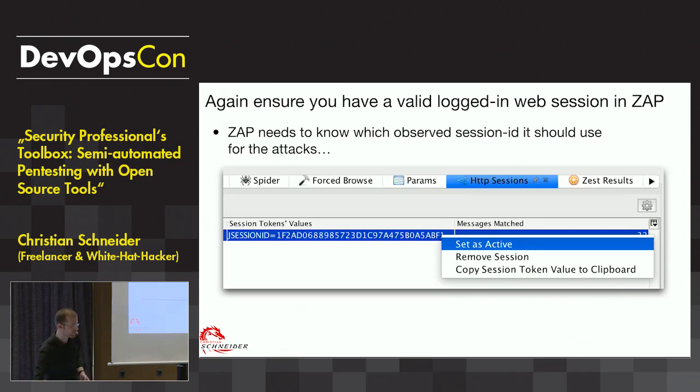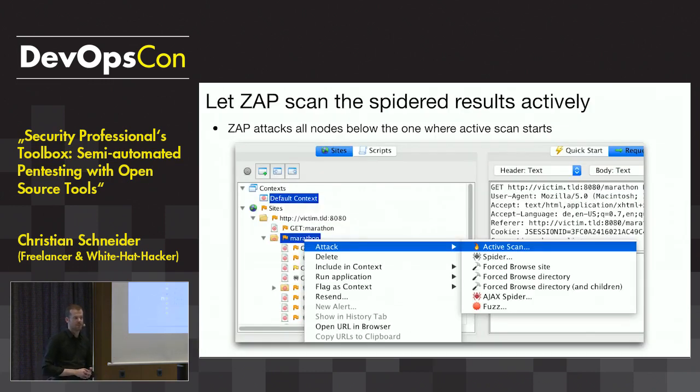We can do this by simply cross-checking whether the current session is still the correct one, in case you have been logged out, and logging in again with the browser. Just set the current session as active and then do an active scan. That means you choose one of the uppermost nodes of the application's areas in the sitemap tree, right-click, and run an active scan on that.